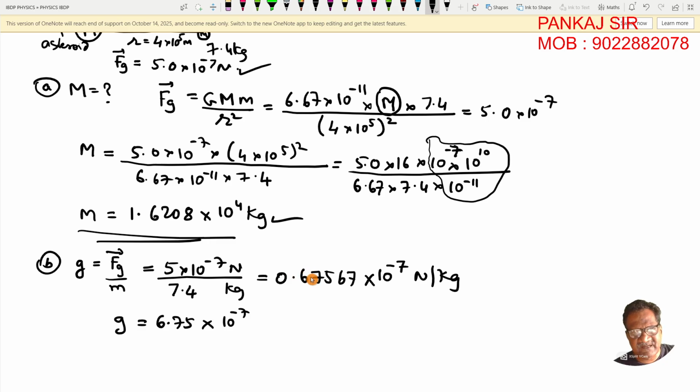To bring it here, I have to multiply by 10, so I have to divide by 10. So 6.75 can be written as 6.8 times 10 raised to minus 7 minus 1, that is minus 8.